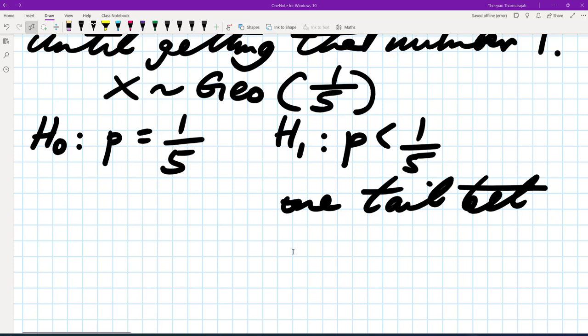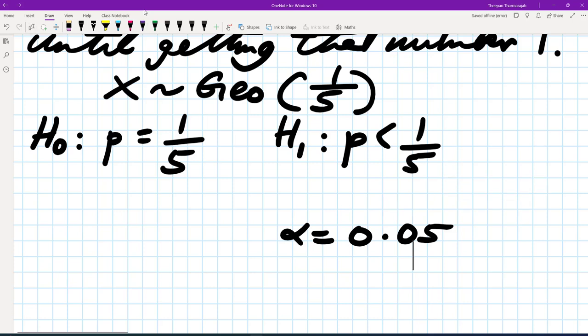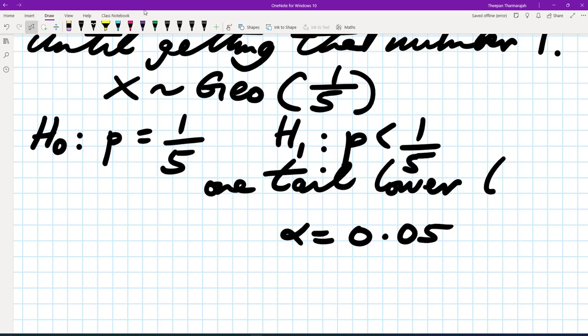So it's a one-tailed test, and we can say that alpha, the level of significance, is 5%. We ought to really say it's a one-tailed lower test, so to be pedantic, I'm going to write that in.